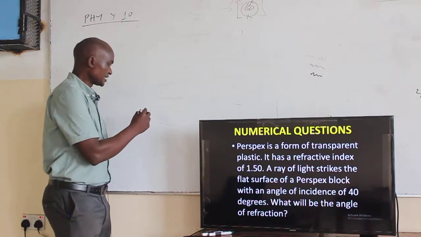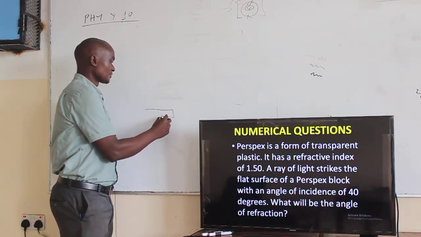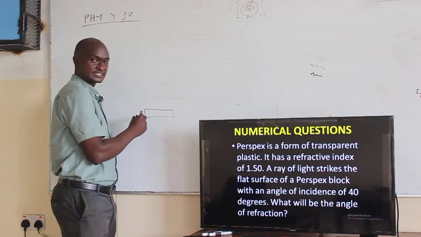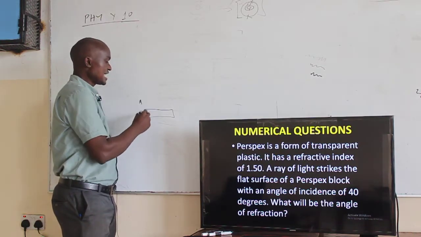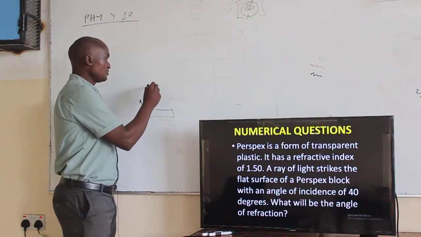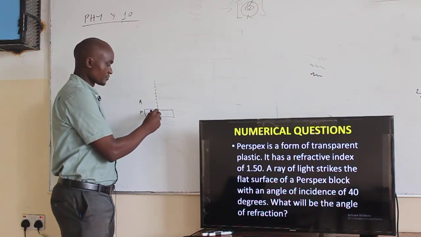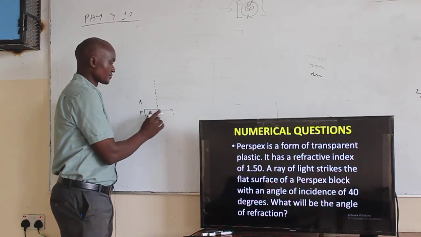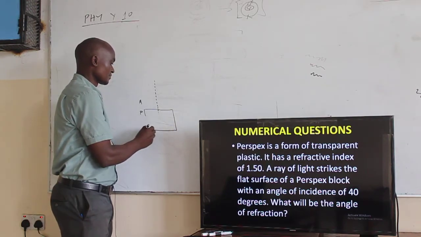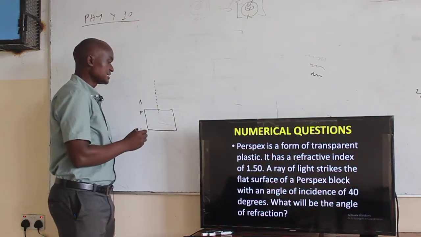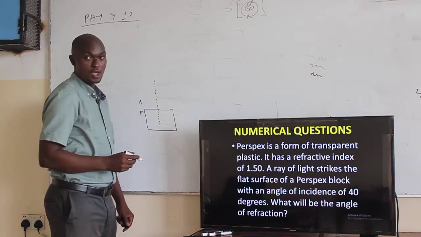So we have a medium here. This is perspex, and this is air. Then we have what we call the imaginary normal.